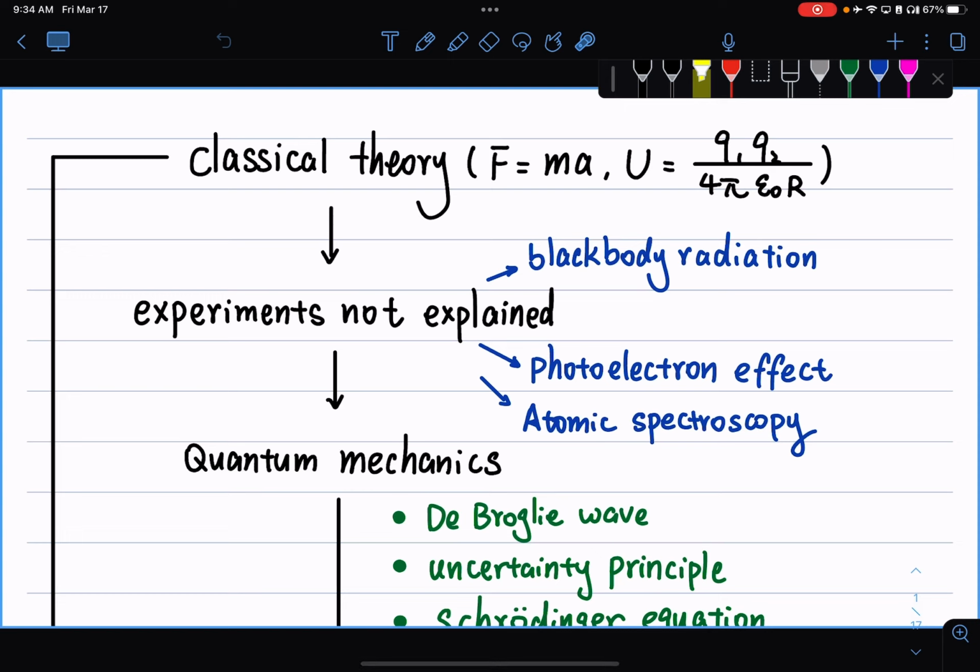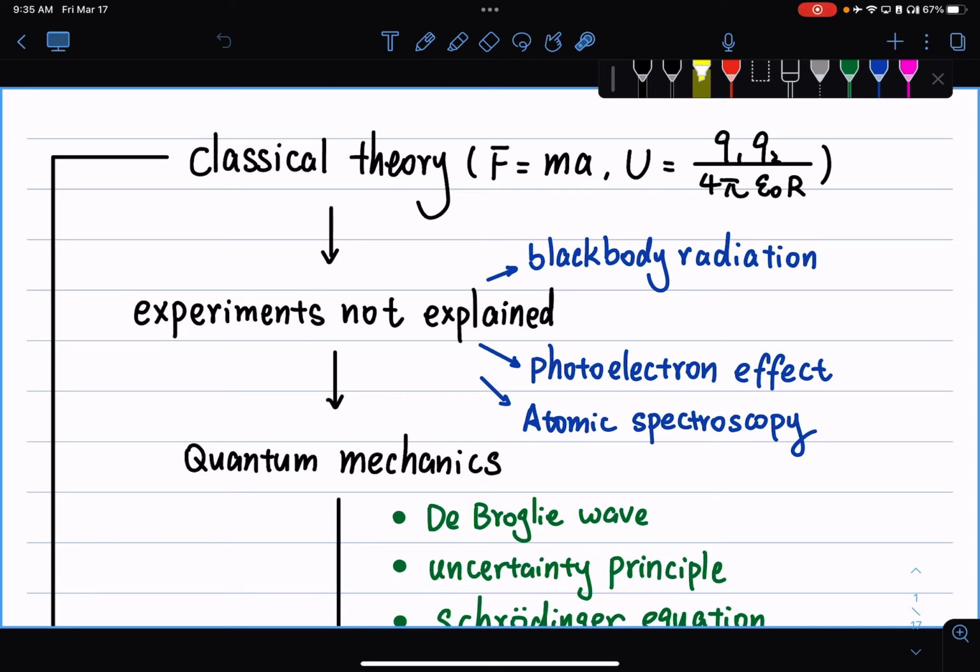So we introduce 3 different fundamental experiments in quantum mechanics. We have the black body radiation, which introduces the concept of energy quantization. We have the photoelectric effect, which introduces the idea of wave-particle duality of light. And at the end of that part, we talk about atomic spectroscopy and introduce the Bohr model.